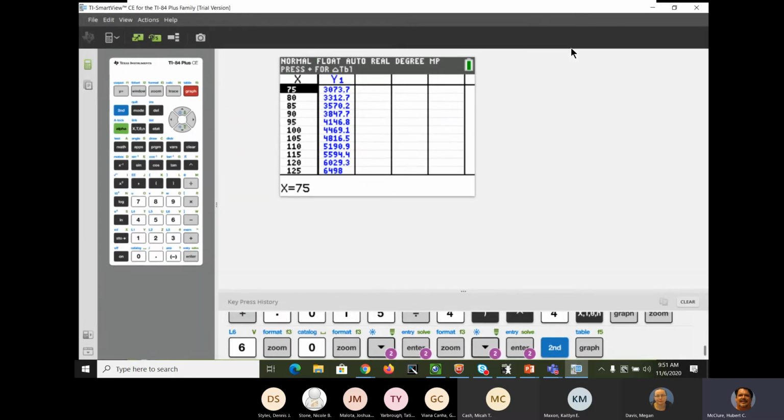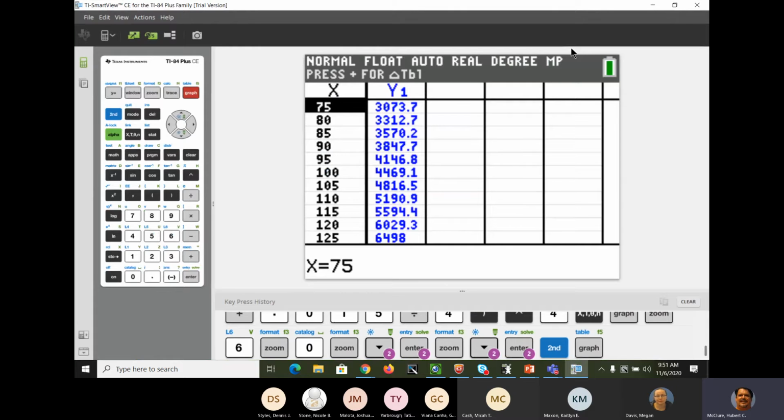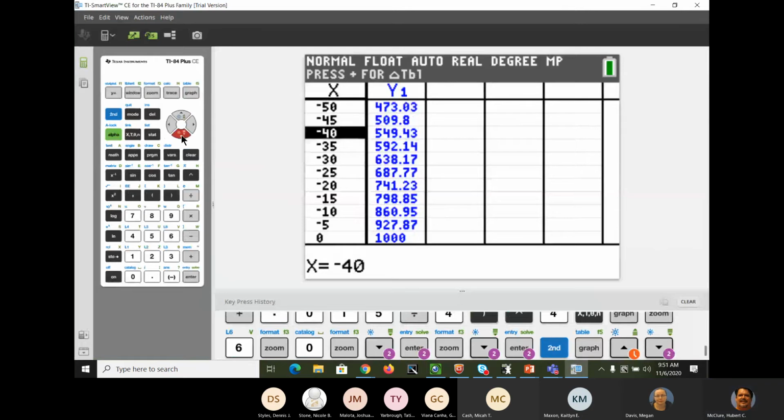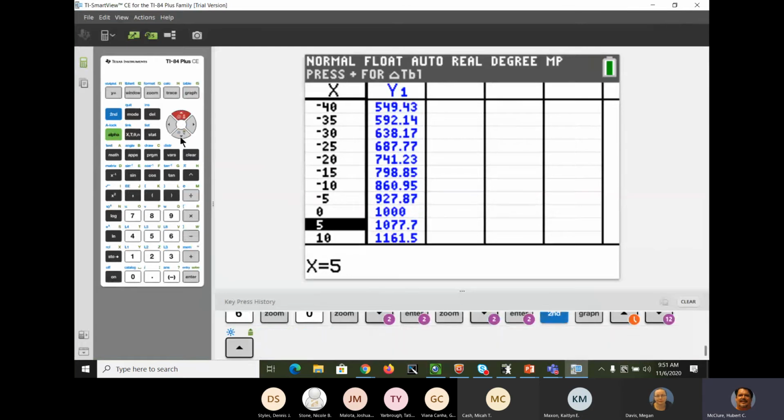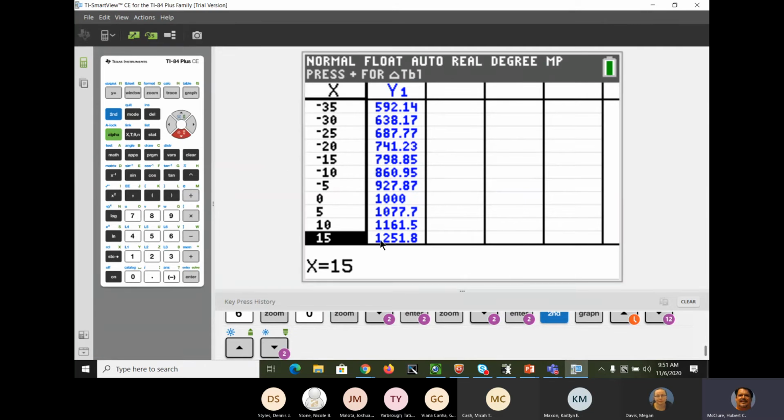What about 5 years? 5 years, you would have $77 made, $78. What about 15 years? In 15 years, you'd have 1251.8. What about 20 years?